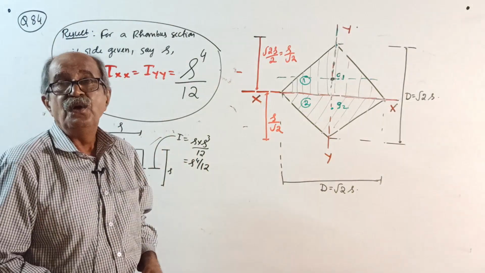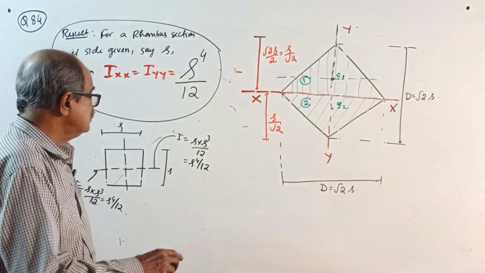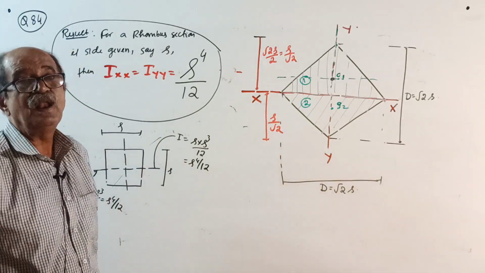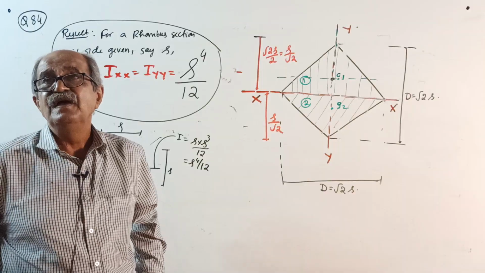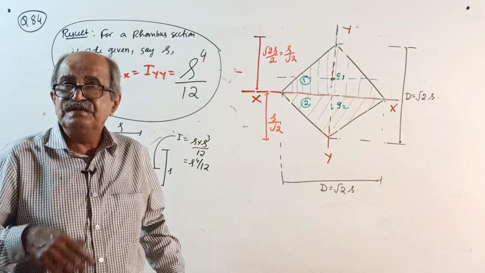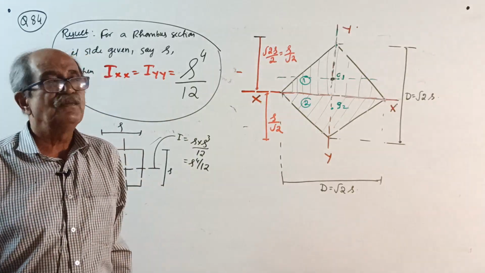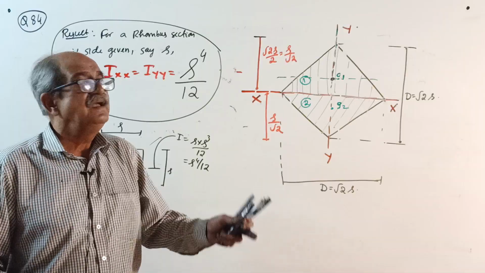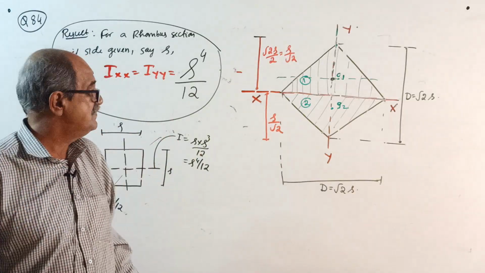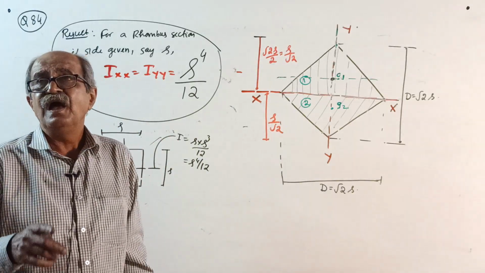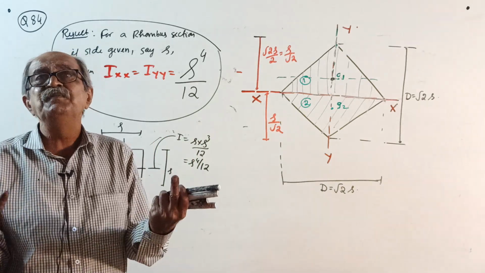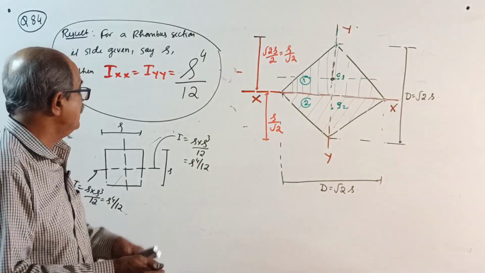So moment of inertia about both principal axes are equal. In that case, that itself is maximum and that itself is minimum. Therefore, both are equal means any other axis passing through the centroid, I should be in between. It can't be in between.